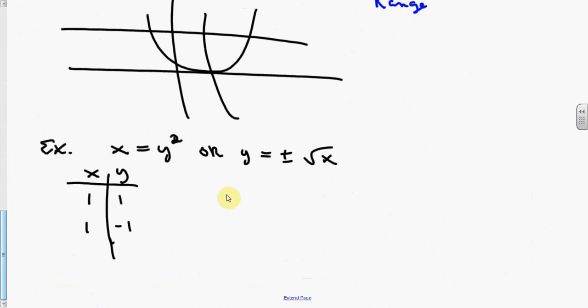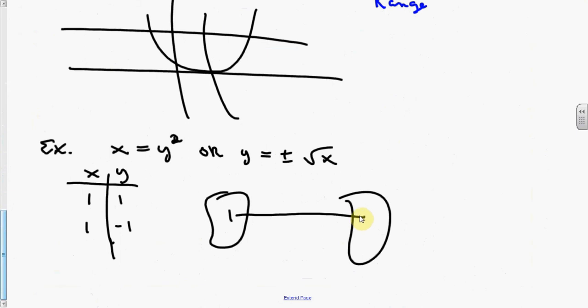Right? So here I have 1. This is for my domain. One here is mapped to 1, but then 1 here is mapped to negative 1. This relation is not a function.